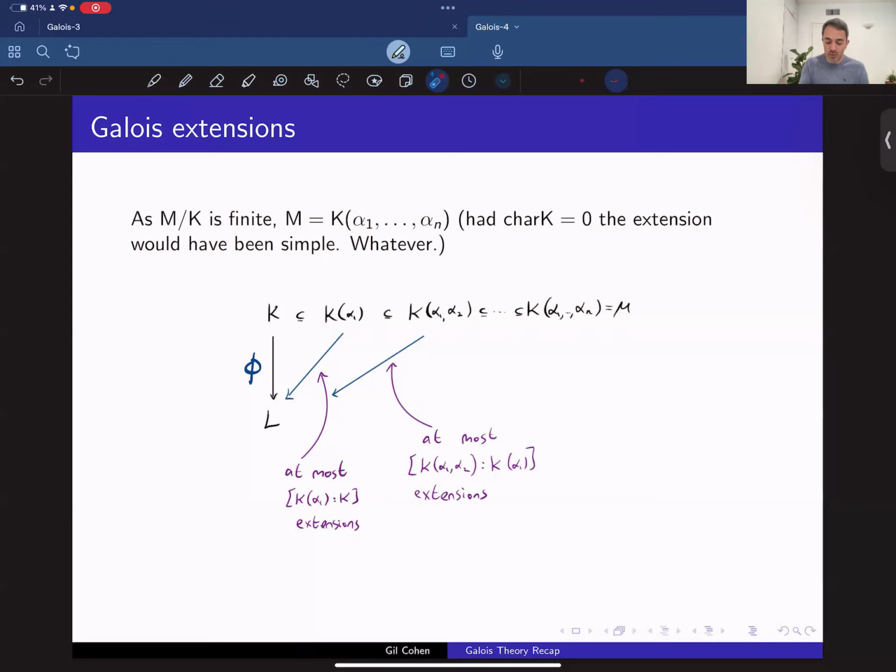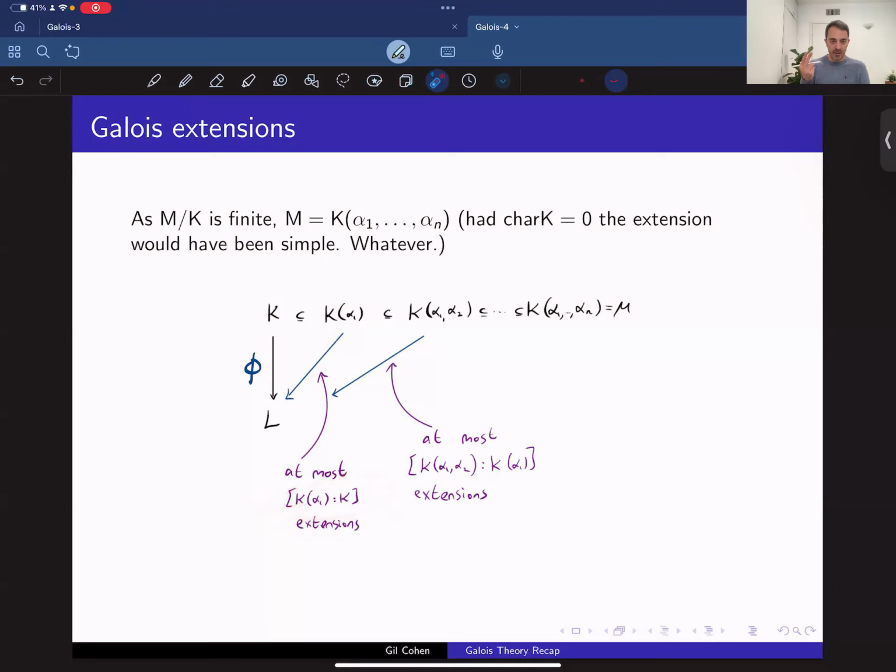You could have missing roots. You could have repeated roots, which will make you miss some opportunities to map alpha 1 to. In any case, the degree of the polynomial is the degree of the extension, by definition, essentially. And so the number of ways you have to extend phi to K of alpha 1 is bounded from above by this.